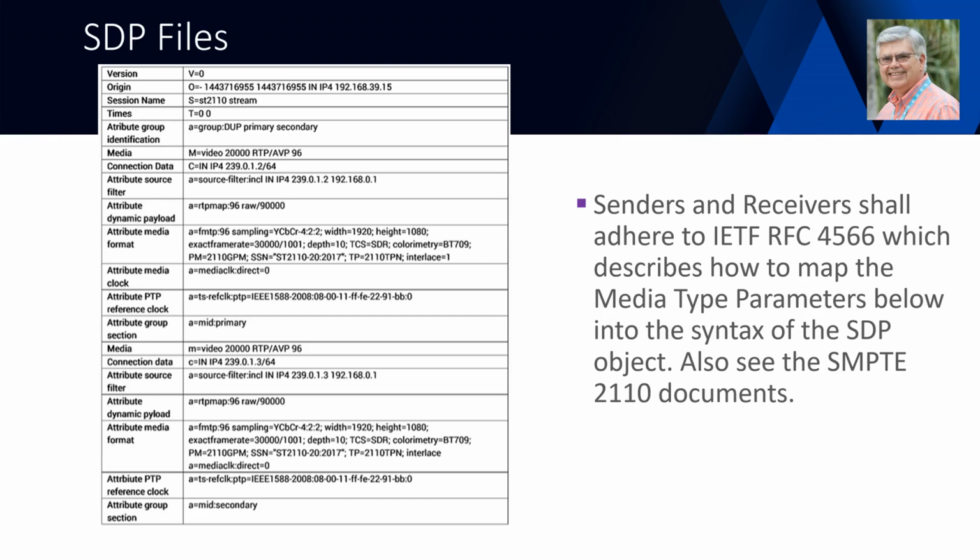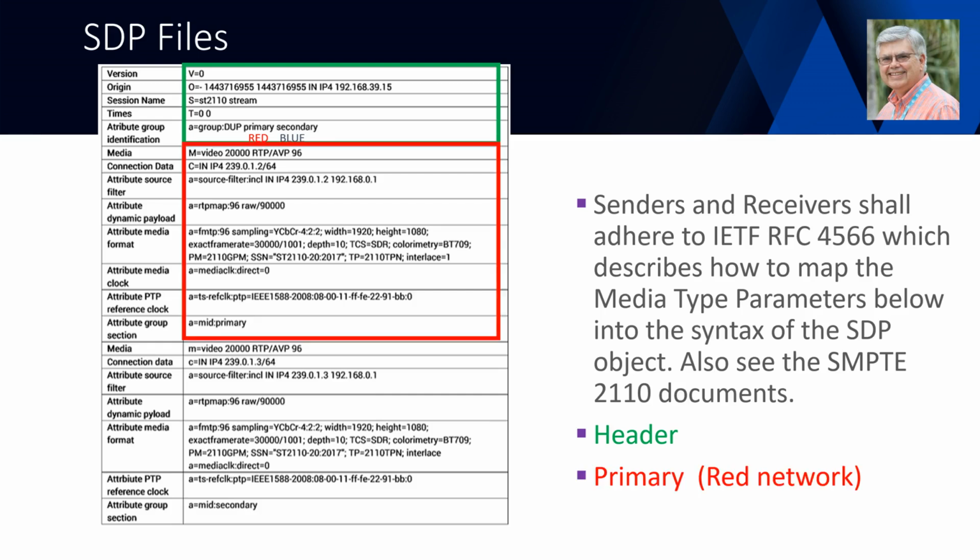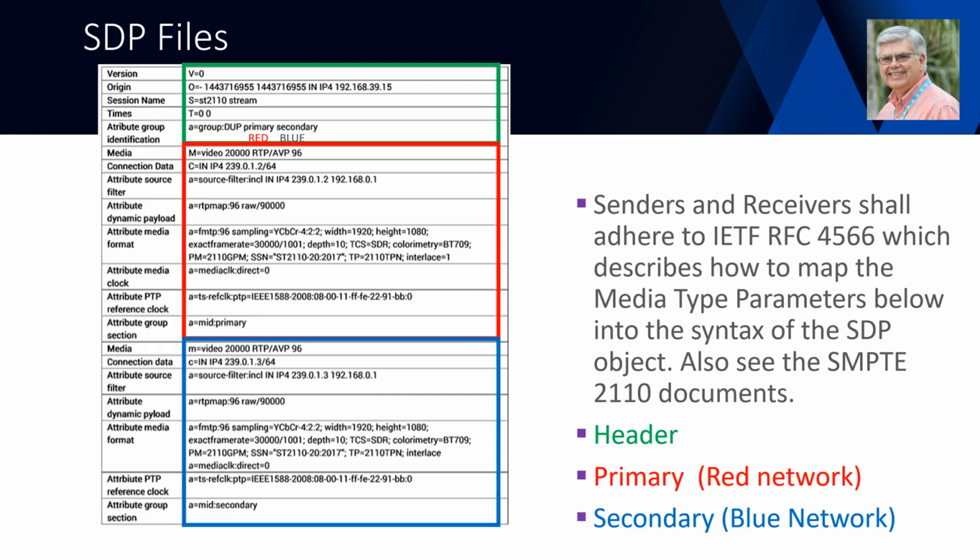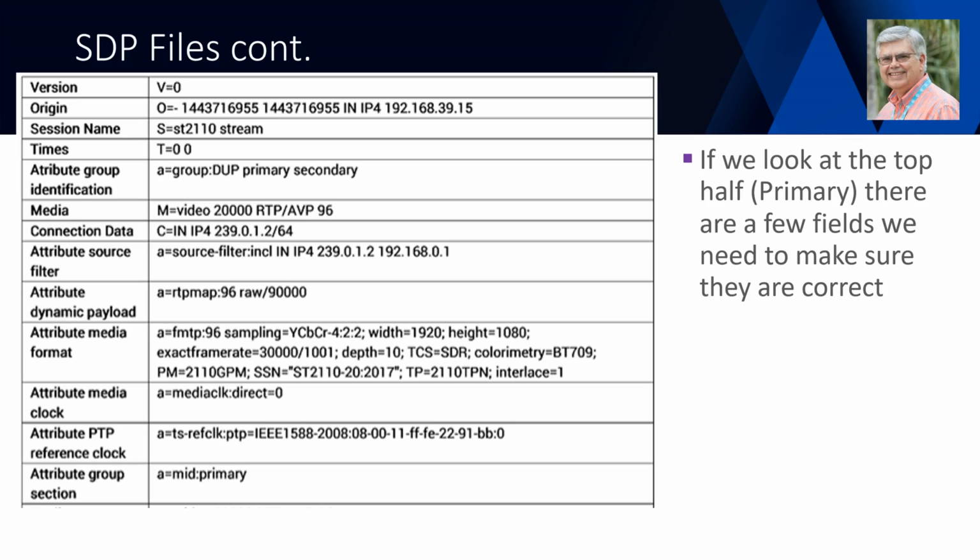So this is, and it's going to be really hard to see and make any sense out of it, but this is what an SDP file would look like. It has a header in it. It has the primary network and the blue network, which a lot of people call secondary network, but neither one is primary or secondary. It's just the red and blue network, and all the data for those individual networks inside of it.